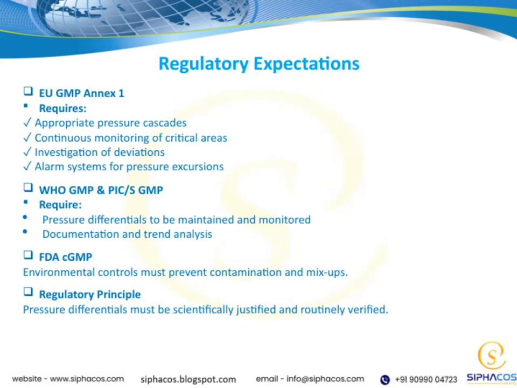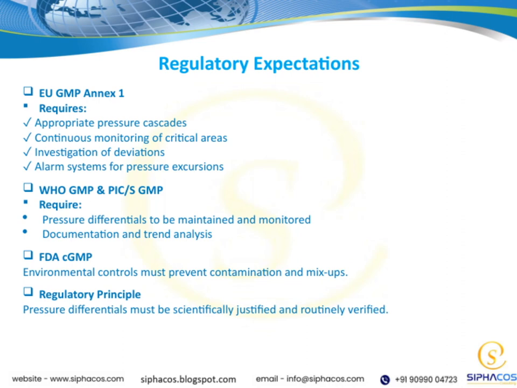When it comes to regulatory expectations, there are some key requirements we need to keep front and center. The EU GMP Annex 1 calls for appropriate pressure cascades and continuous monitoring of critical areas. It also demands thorough investigations of any deviations and alarm systems to catch pressure excursions early.